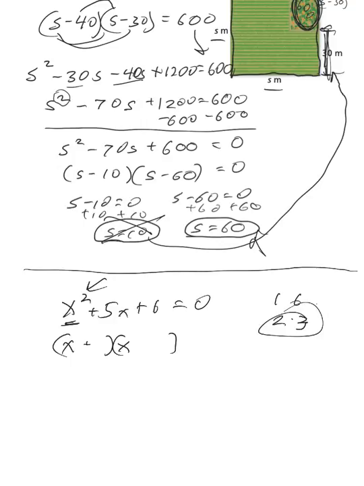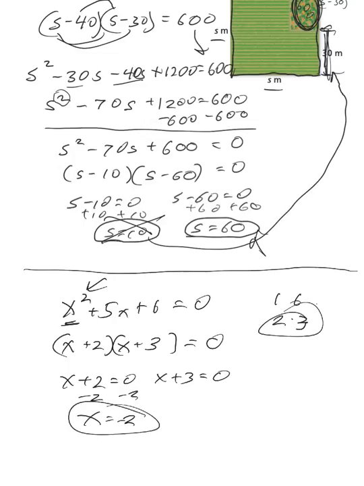So yes, we're going to have plus 2 and plus 3 equals 0. So now we rewrote the equation in factored form, and now we just do our little x plus 2 equals 0 and x plus 3 equals 0, and subtract 2, and x equals negative 2. And over here we subtract 3, and we get x equals negative 3.